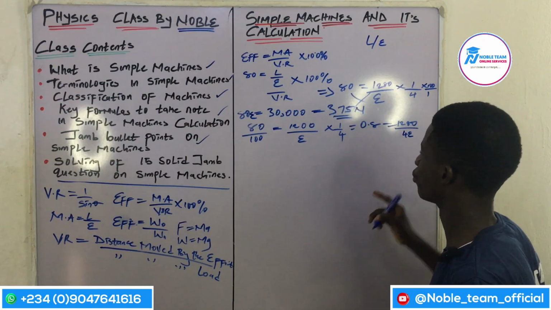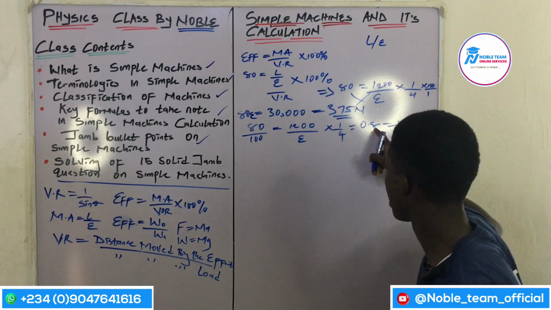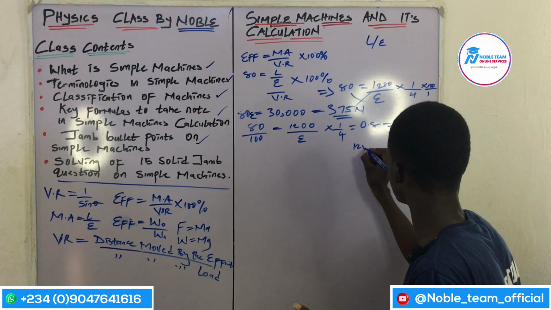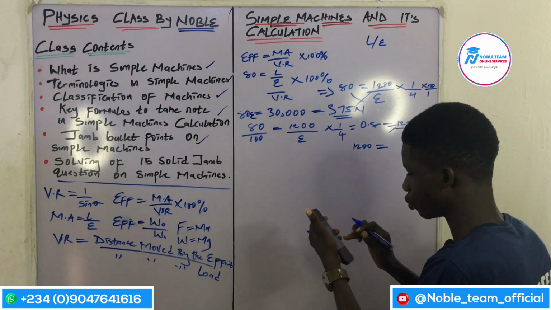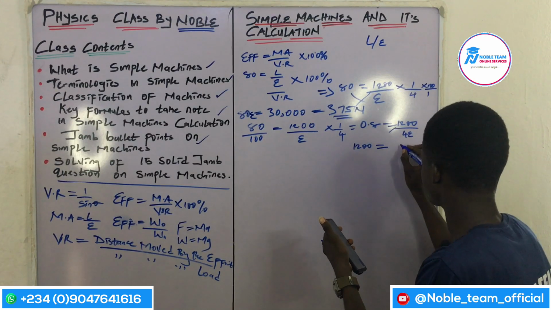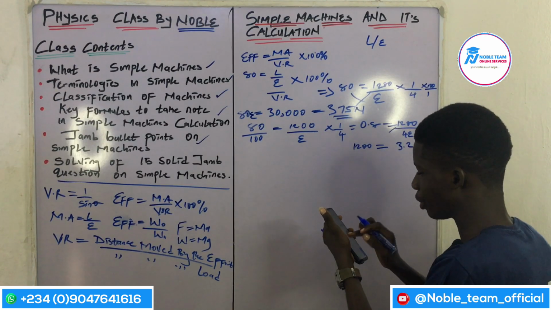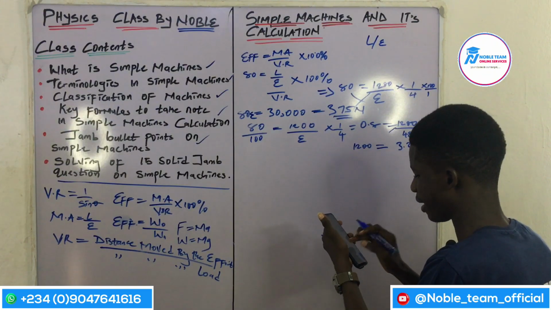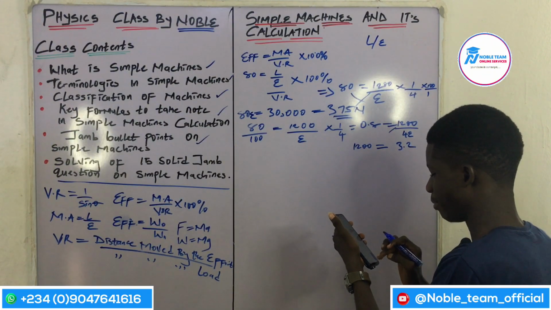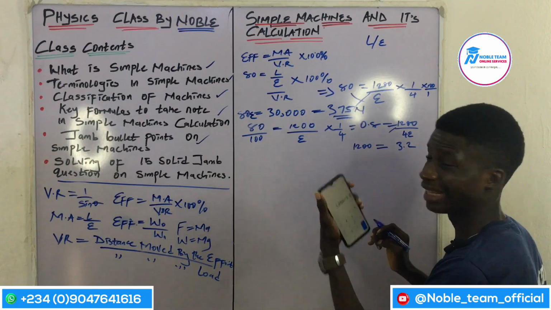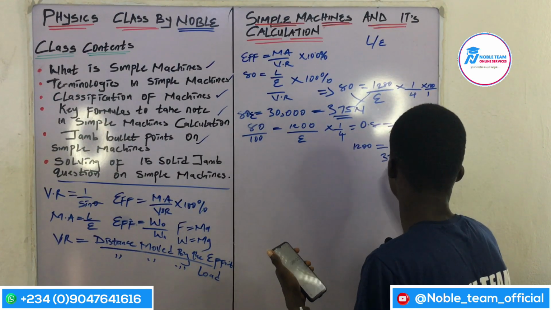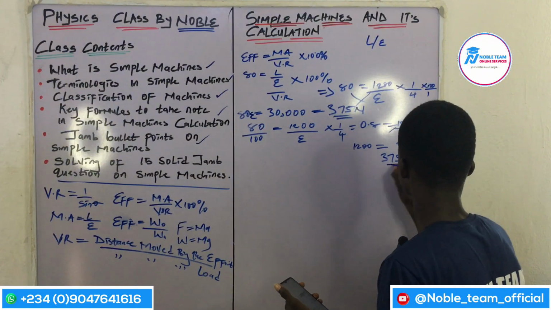Now I'll cross multiply, and I'll have 1200 equals 4 times 0.8, which is 3.2, times E. Then 1200 divided by 3.2 will give me 375. You can see both of them are the same.